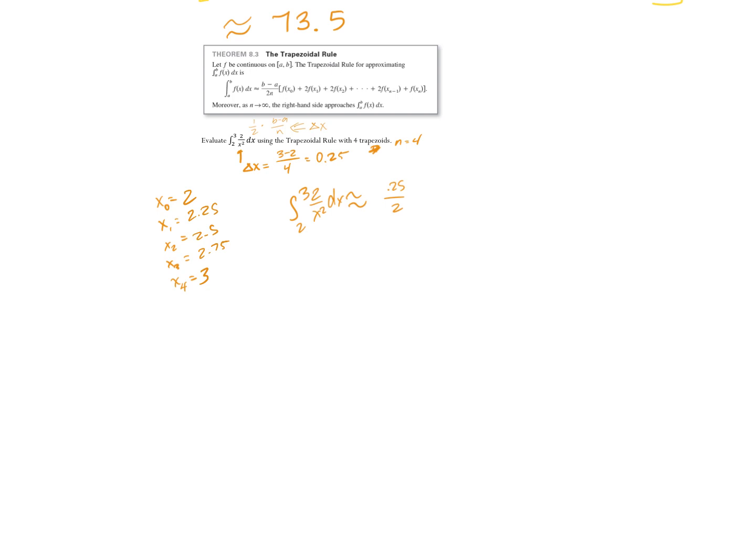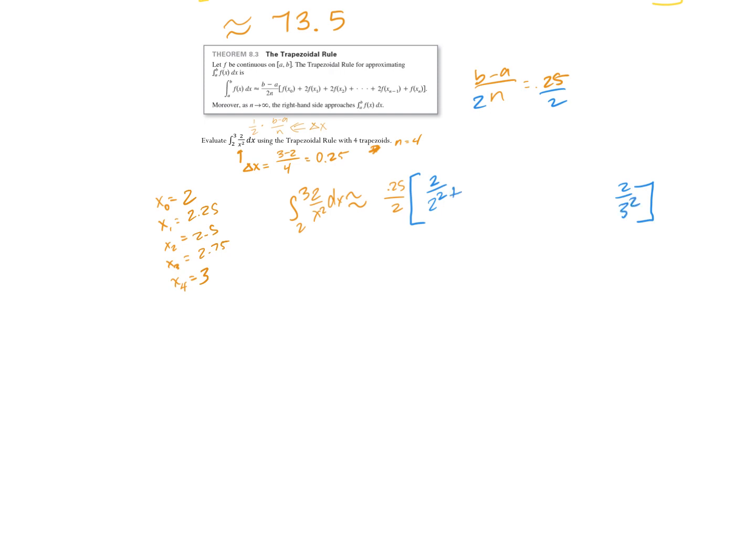So we had b minus a over n was the 0.25. So if I threw a 2 on the denominator there'd be a 2 in the denominator here. That's where that's coming from. Okay? Times 2 over 2 squared, 2 over 3 squared.